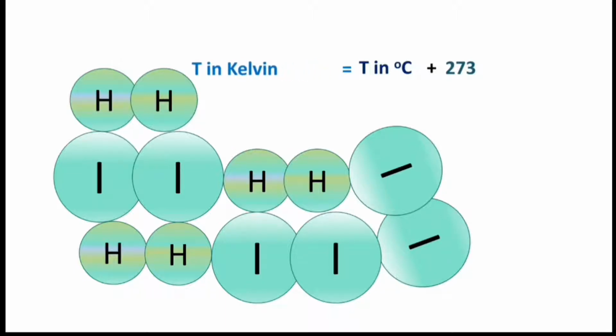To convert the temperature from Kelvin to degrees Celsius, all you have to do is take your temperature value in Kelvin, subtract 273, and you get your temperature now in degrees Celsius.